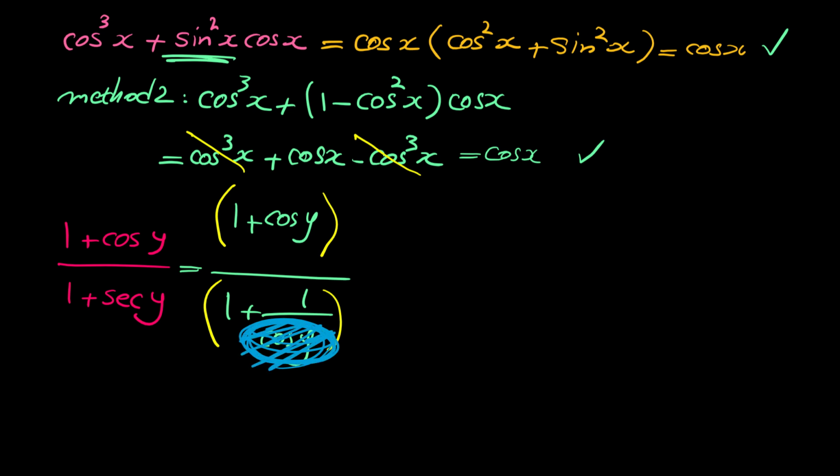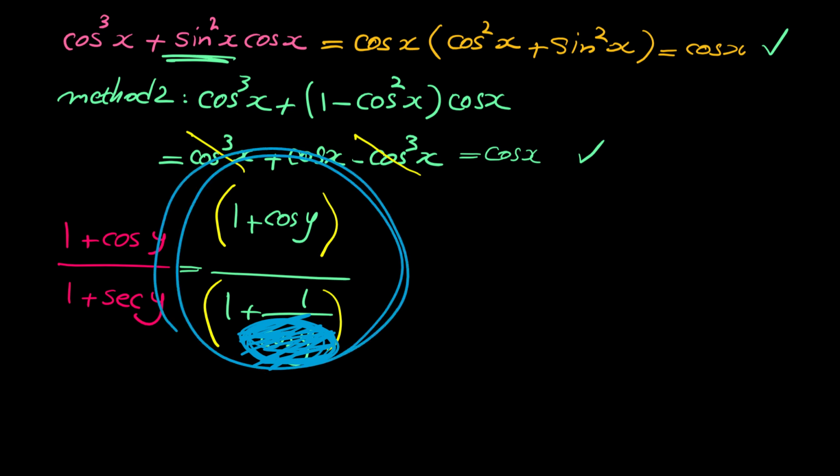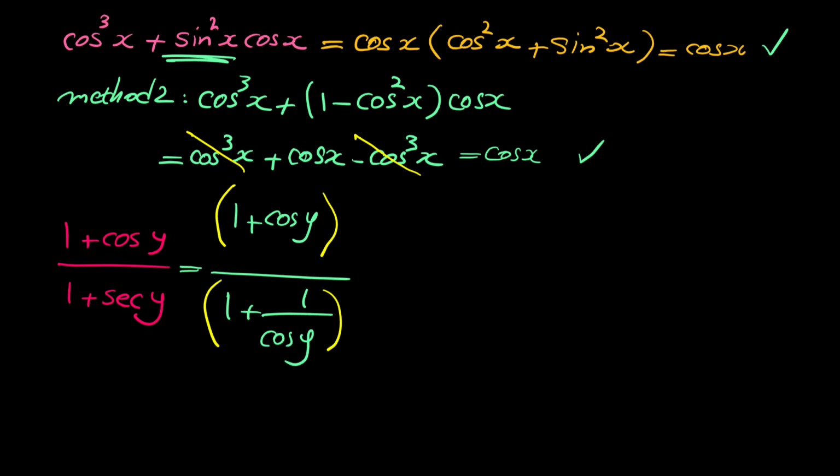Suppose this fraction is not here. Then, if you notice, this is a really simple expression. So we try to eliminate the cosine y from the denominator. How can we get rid of cosine y? Of course, by multiplying by cosine y. So we multiply the numerator and denominator by cosine y.